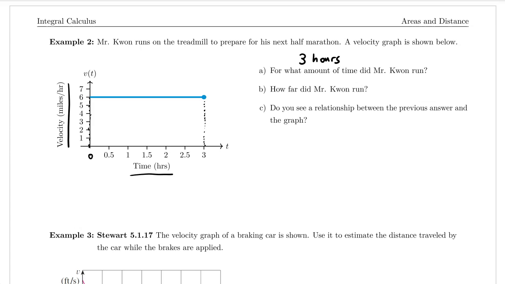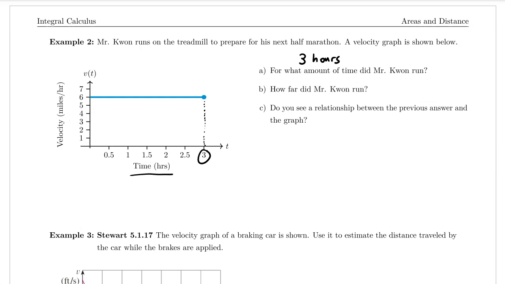Part B says, how far did Mr. Kwan run? So I know that for my velocity, I was traveling 6 miles per hour during my entire run on the treadmill, and continuously I was running for 3 hours. We gathered that from part A of this question.